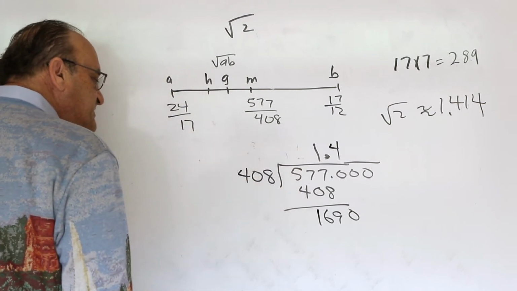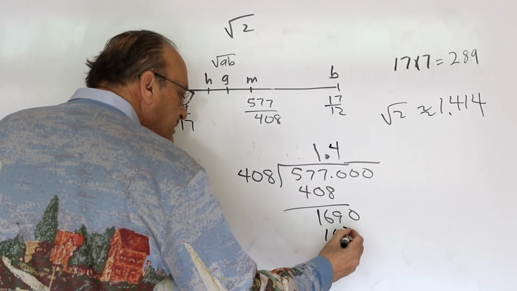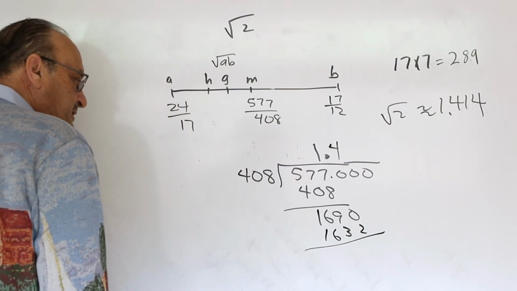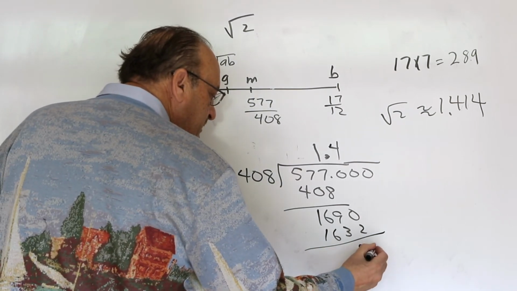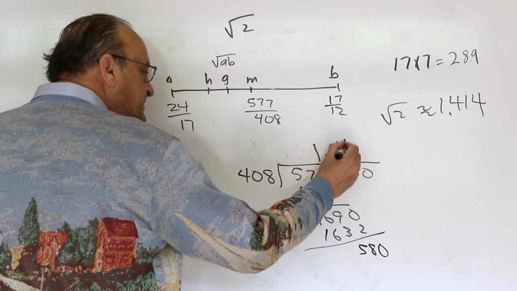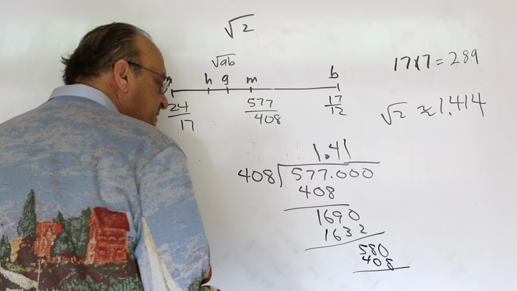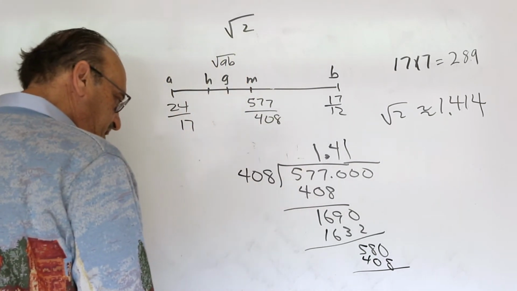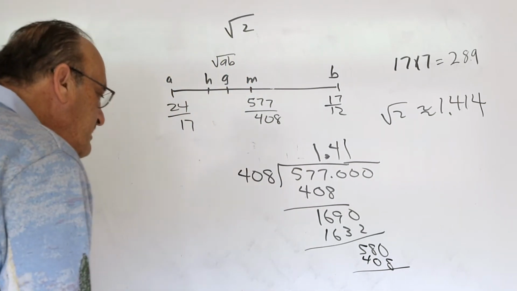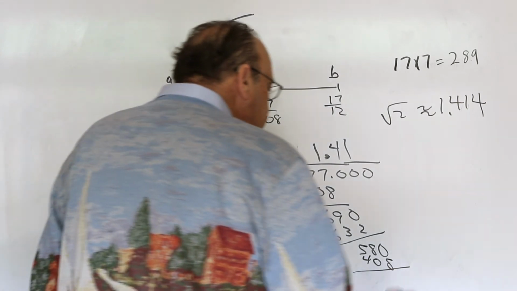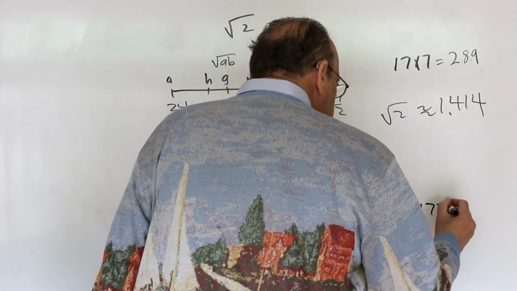4 times 408 is 1632. Subtract, I'm going to get 58. Bring down a 0. I'm expecting to get the answer 1. Subtract 408, and I'm going to get 92. Gets me to 500. So 80 plus 92, 172. Add a 0.